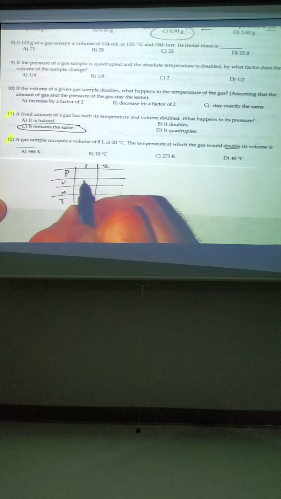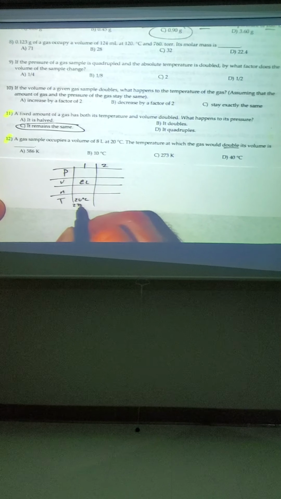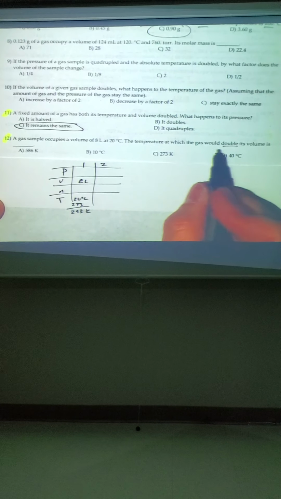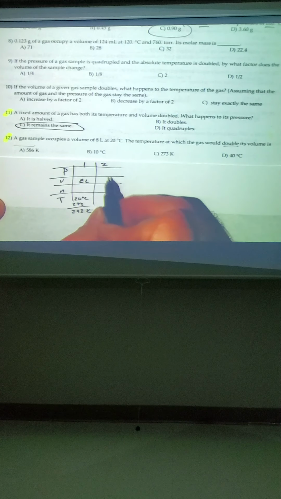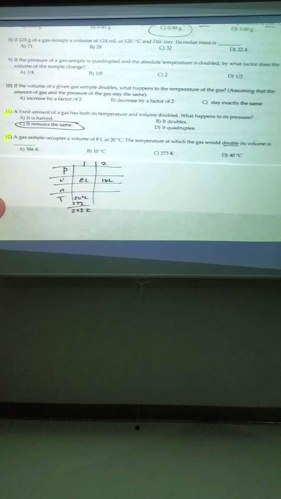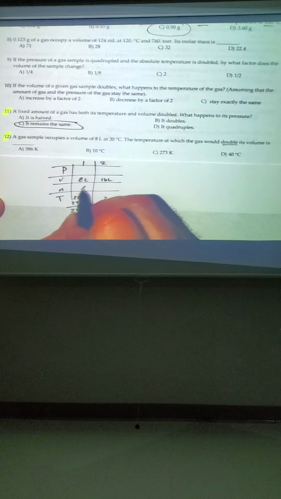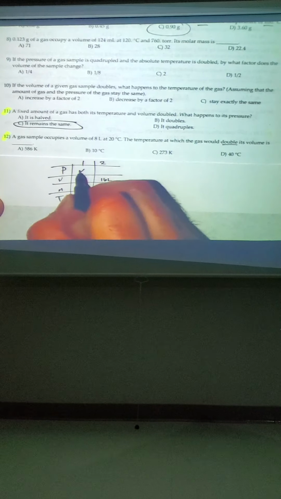A gas sample occupies a volume of 8 liters, so 8 liters at 20 degrees, plus 273, which is 293 Kelvin. The temperature at which the gas doubled its volume, so 16 liters. What is the temperature? So notice they did not mention moles, and they did not mention pressure.